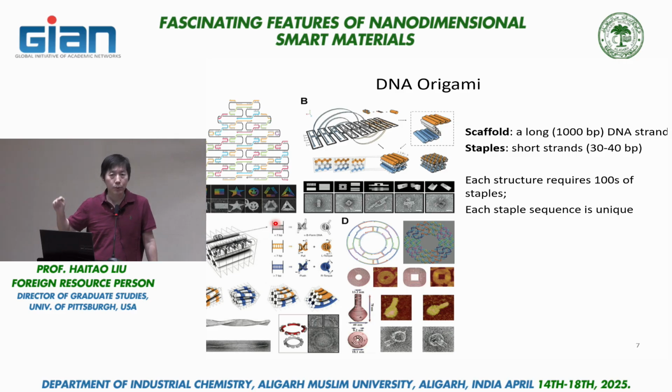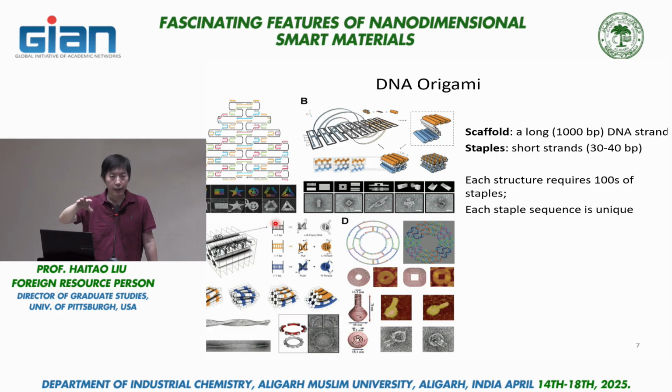And also, this would require very slow annealing. So we typically anneal the reaction mixture for 10 hours or 20 hours, very slow cooling. So the structure has a lot of opportunity to fix the problem. There's dynamic equilibrium between hybridization and non-hybridization.